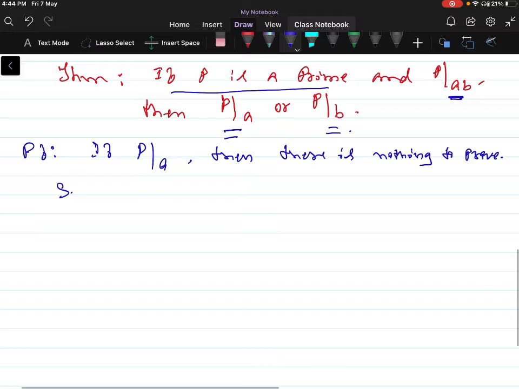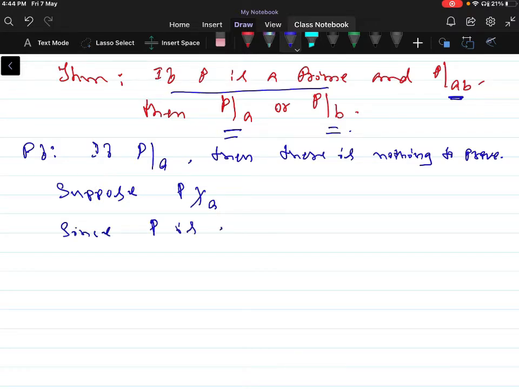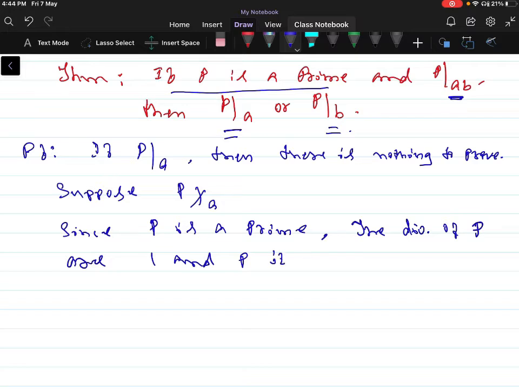We assume that p does not divide a. Since p is a prime, then the divisors of p are 1 and p itself.